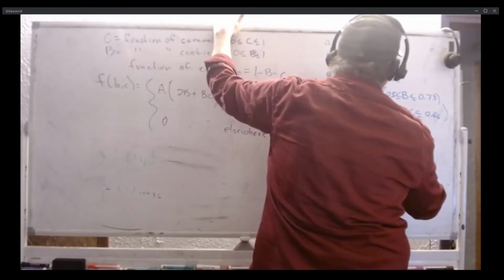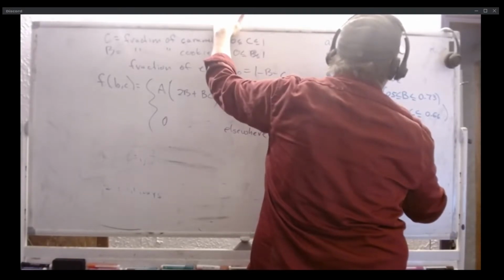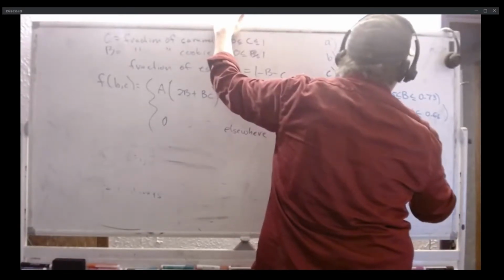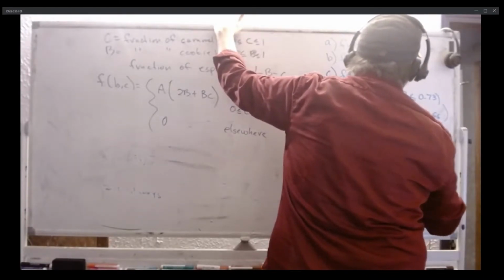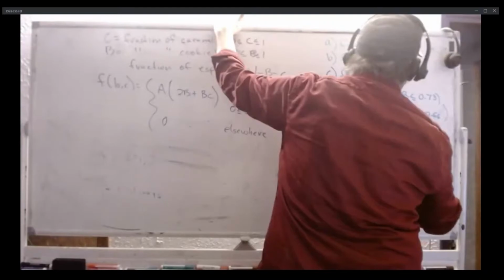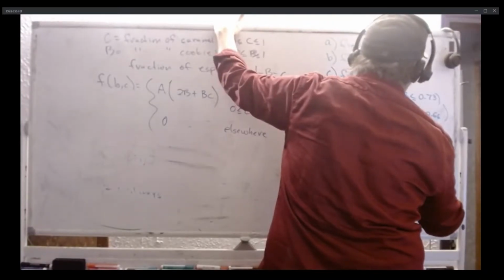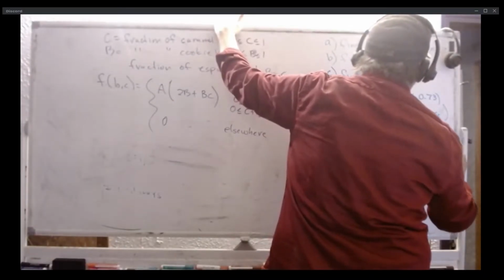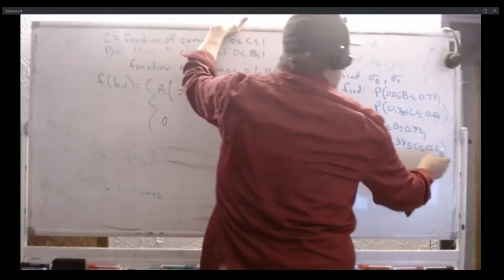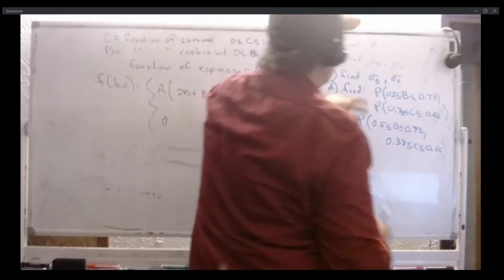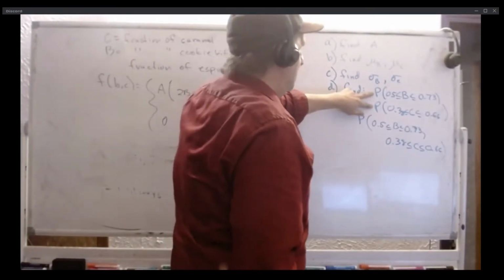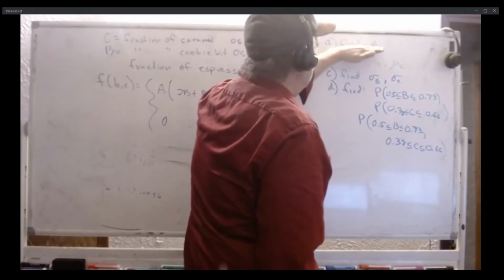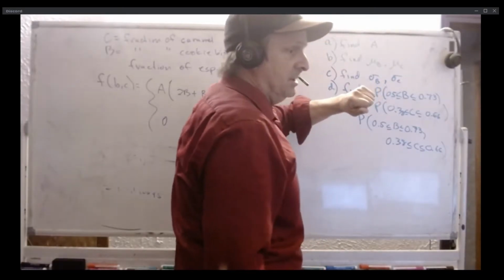So 0.5 less than or equal to B, less than or equal to 0.73, while 0.38 is less than or equal to C, less than or equal to 0.66. So again, I don't know if it's obvious to you guys yet, but after we find A, we're going to have to find the marginals, right?